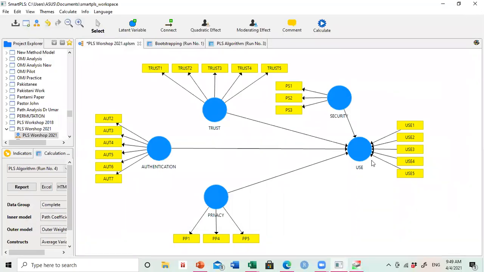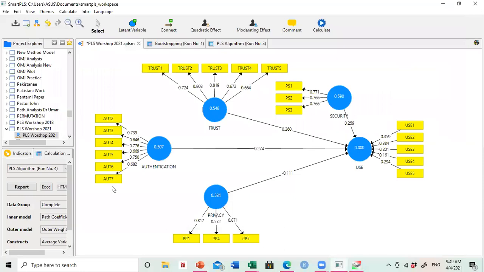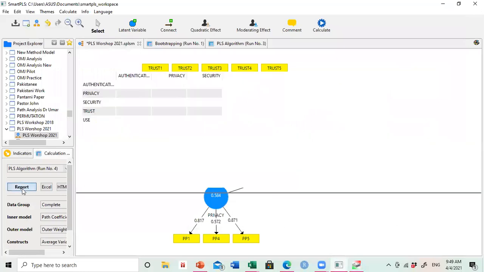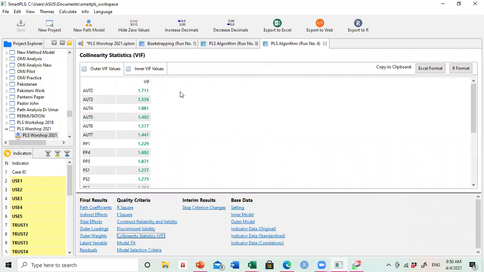When you finish, the next is you want to know whether there is multicollinearity or not. You check for VIF. The VIF is here. Go to report, then collinearity statistics, then you look at the VIF. This is the VIF.